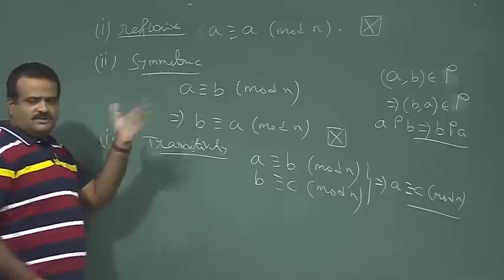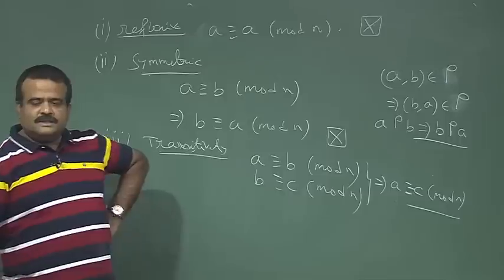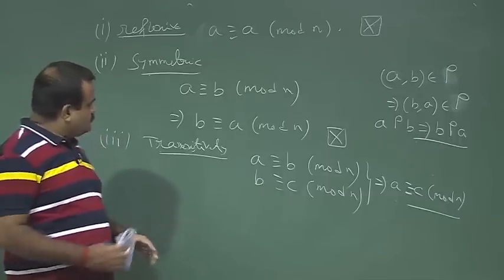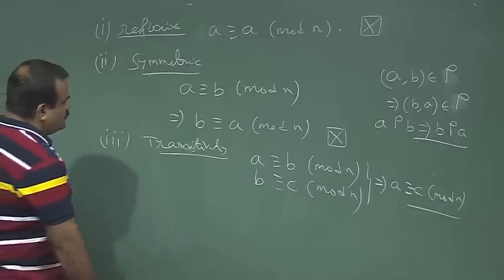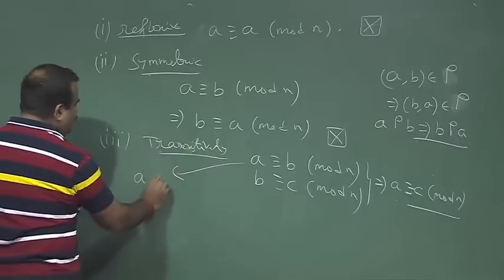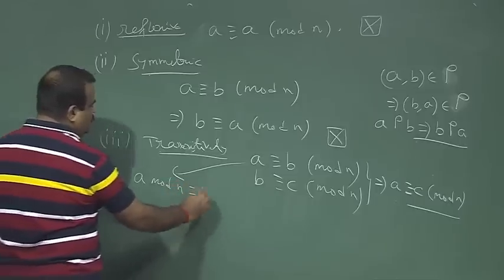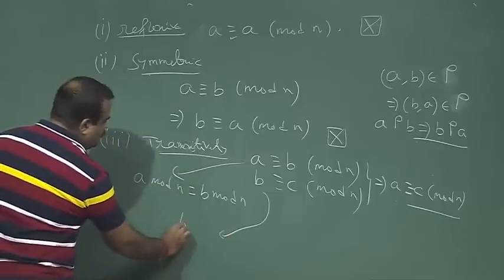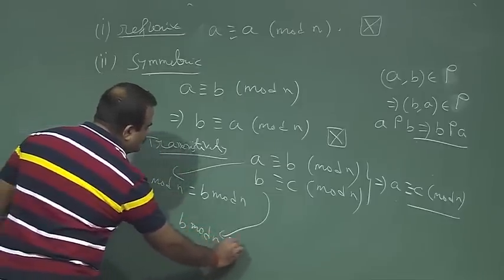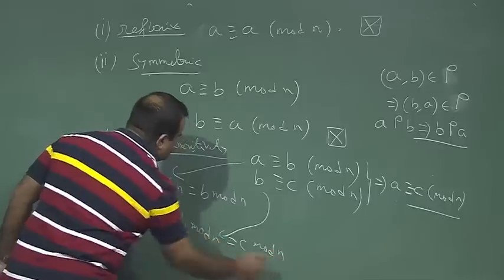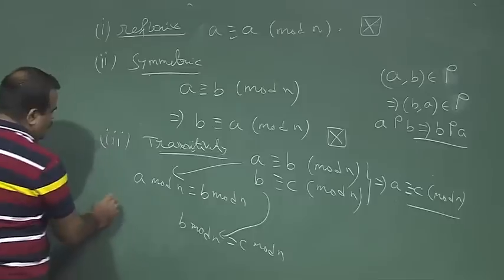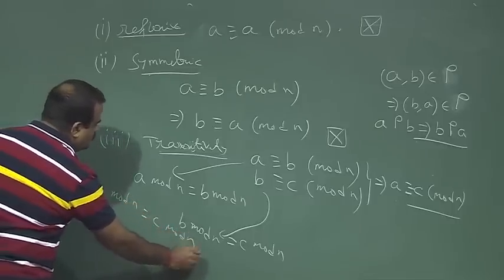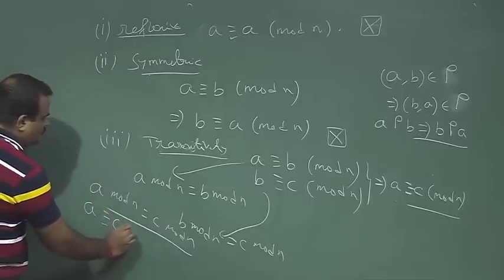If this is true for all a, b, c, then we call this relation a transitive relation. So is this true? Yes, this is true, because from here we can say a mod n is equal to b mod n, and from here b mod n is equal to c mod n. So from these two we can say a mod n is equal to c mod n. So that means a is congruent to c mod n.